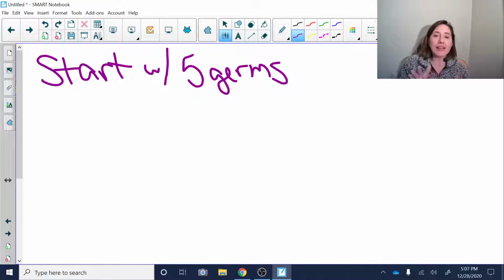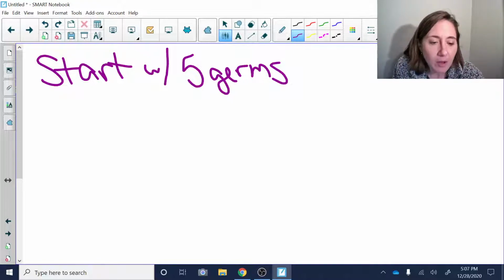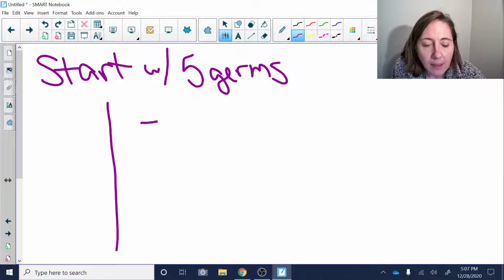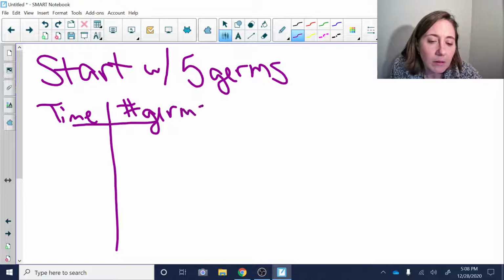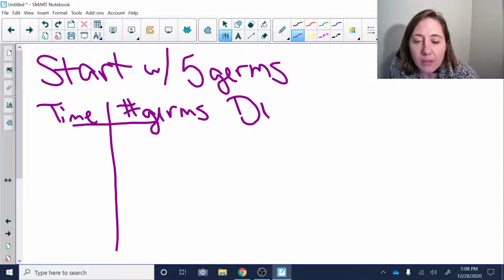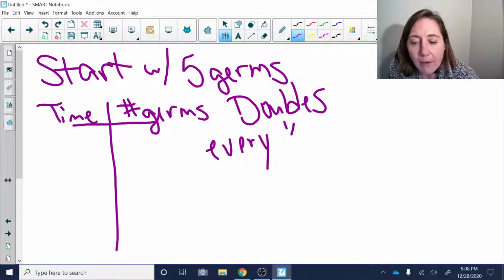So you wash your hands at 7 o'clock in the morning. We'll look at our time here and our number of germs as our y value. So it doubles every half hour.